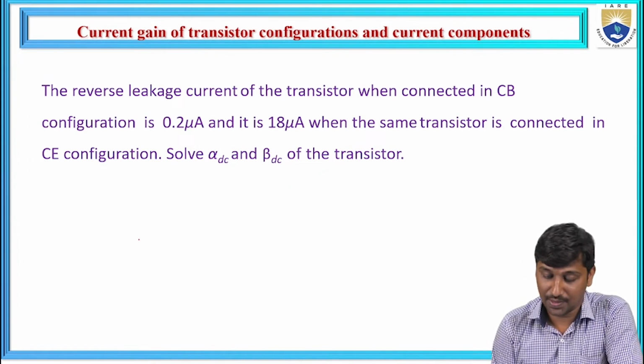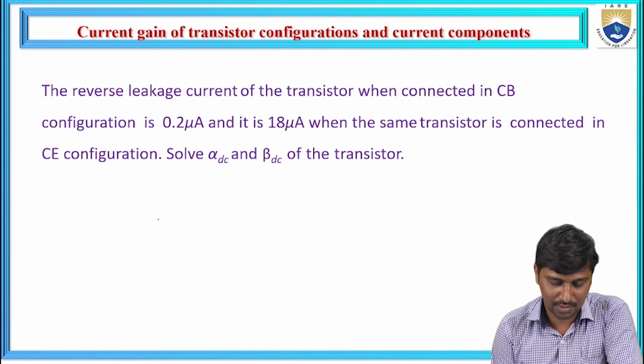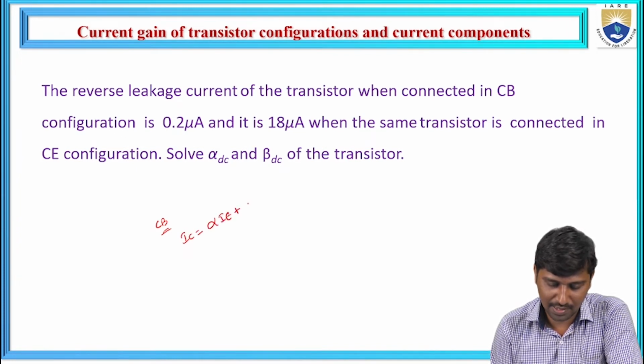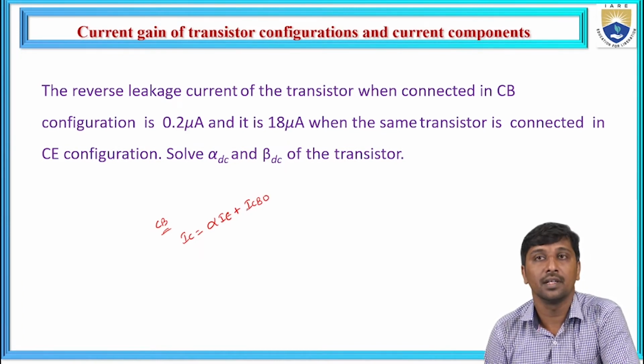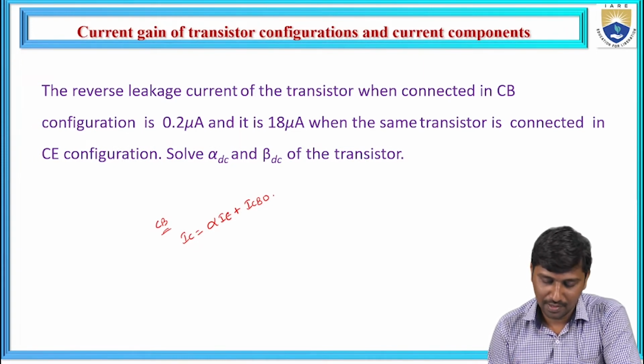To identify this one, we know that in a CB configuration, IC, the collector current, is represented as alpha times IE plus ICBO, where ICBO is nothing but the reverse saturation current when the collector base junction is open circuited.